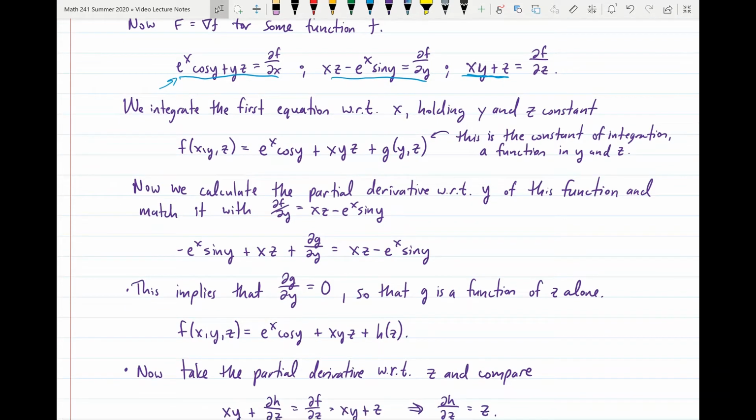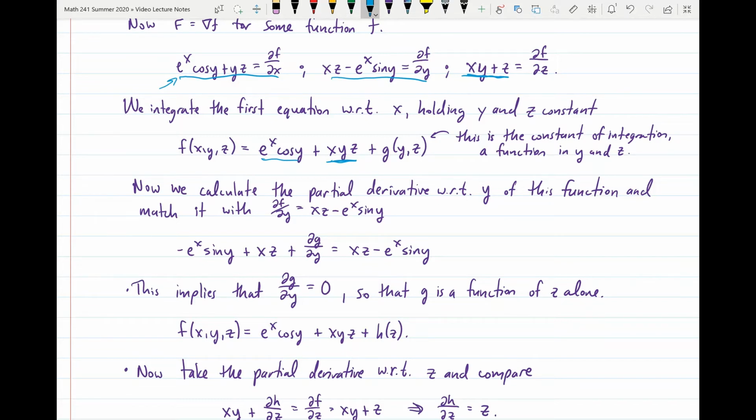And if we do that, we get f of x, y, z is equal to e to the x times cosine y, because cosine y is just a constant, and the integral of e to the x with respect to x will give us an e to the x. So we have this e to the x cosine y, plus xyz, since yz is a constant, and we take the integral with respect to x.